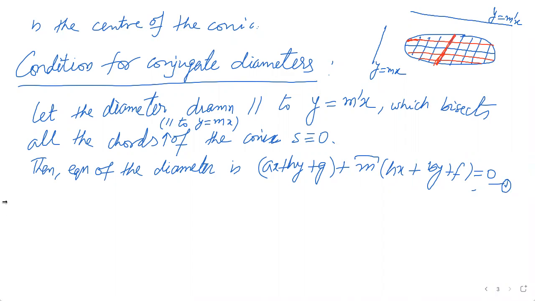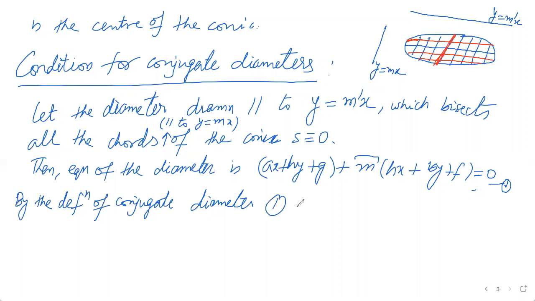So by definition of conjugate diameter, this one is, ये अभी जो 1 आई है ये इक्वेशन 1 किसकी इक्वेशन है? देखो 1 तो इसकी आई है ना, ये जो लाइन थी ये है 1 आपके पास, डायमीटर ये है, this is your 1. तो 1 इज पैरेलल टू y = m'x, है ना. ये जो 1 is what, this is the line, ये हमने पैरेलल माना हुआ है m' x के.